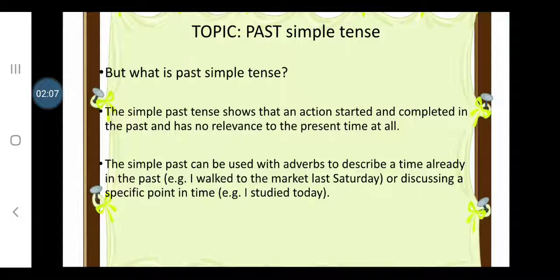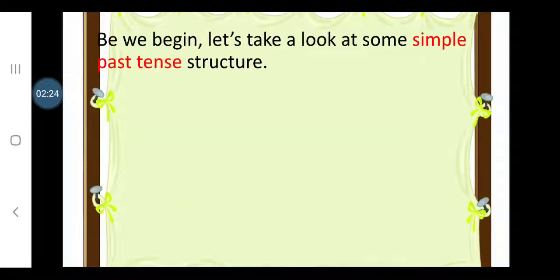For example, I studied today. Although you are still in today, the time that you studied has passed. You studied and you are done with study. So it's talking about an action that started and has been completed.